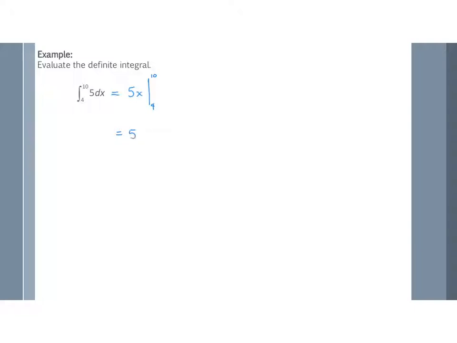So I'm going to replace x with 10. And then I will replace the x with 4, the lower limit of integration. And then we simply subtract those results. So we get 50 minus 20, which is 30.